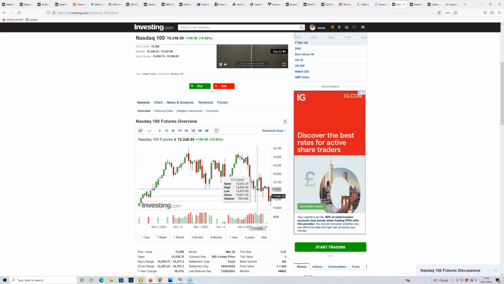That in itself is what we call an anomaly, and this is what VPA tells you. If you were thinking, I'm going to get long, fine, but once those signals start to come up, it doesn't look like it's going to go very far, and then you have another down day.